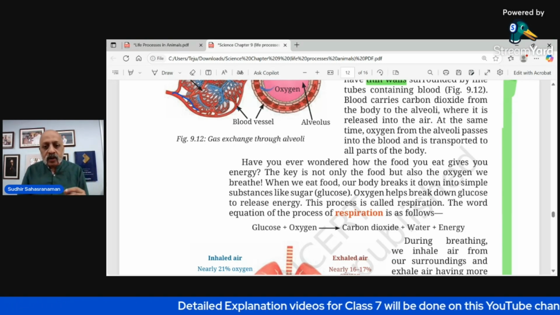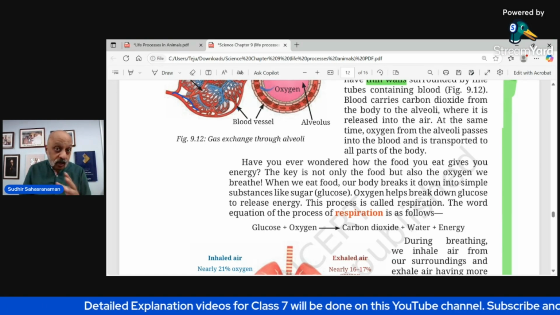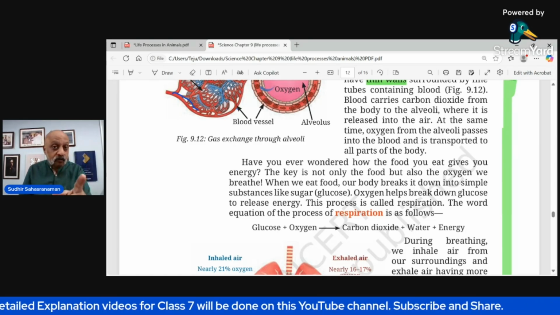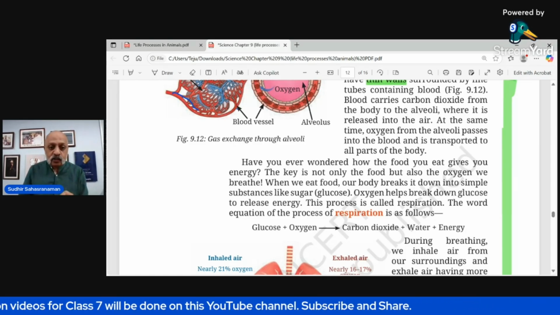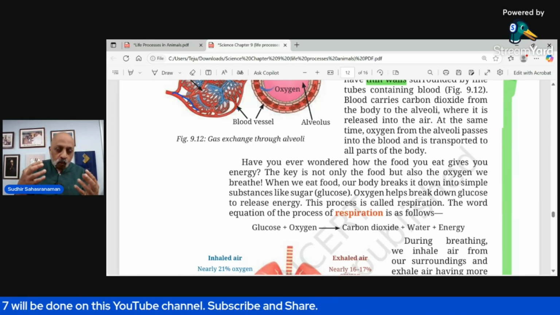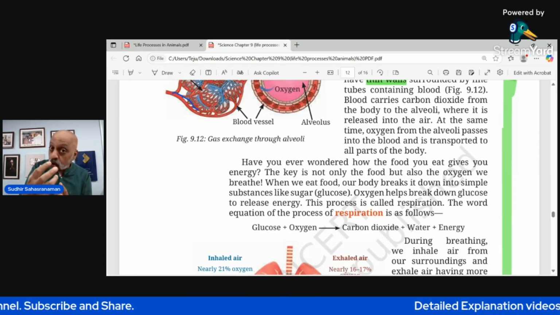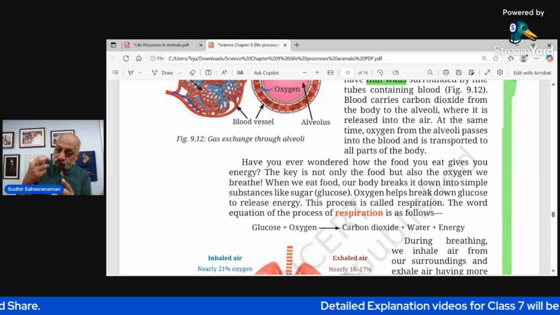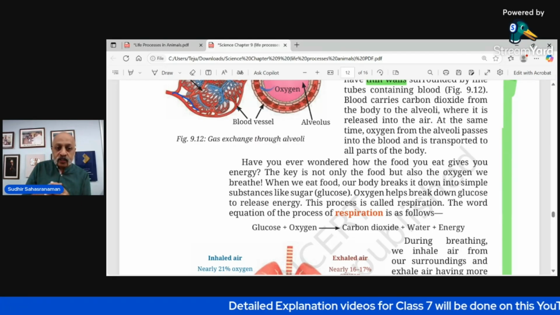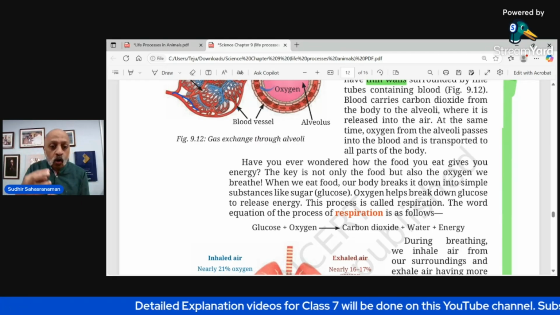Have you ever wondered how the food you eat gives you energy? Now that's another part, because that's what we learned about what exactly is respiration. While you may think that it is the food which is giving you the energy, that's not complete. The food, of course, is going to give you energy, but that's also because of the oxygen.